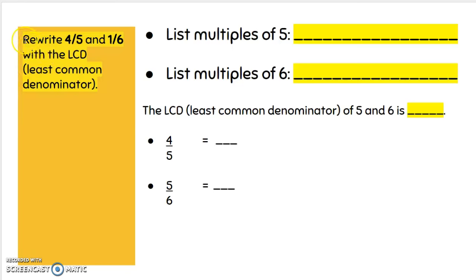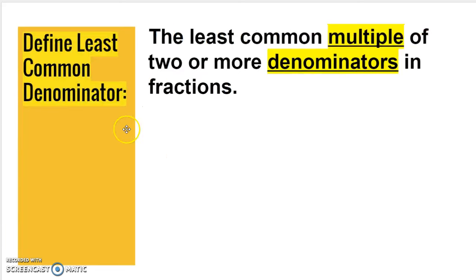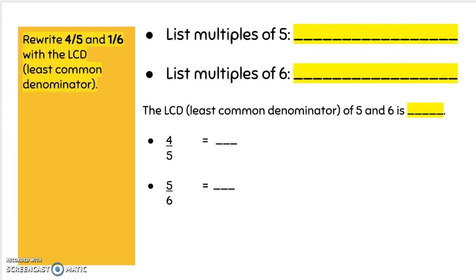So here's example 1. Right? We're going to rewrite 4/5 and 1/6 with the LCD, the least common denominator. Well, if our definition is that it's the least common multiple of the denominators, that has to be our first step.